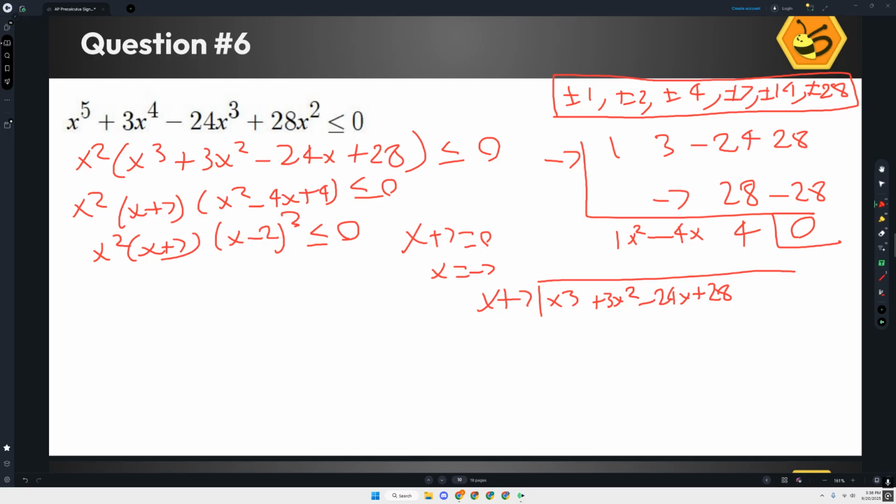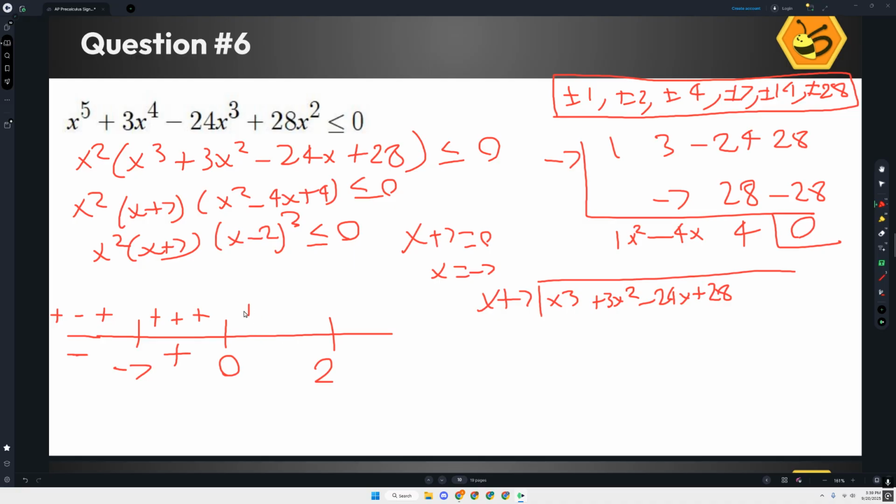So now we're going to do our sign chart. Other ones you have to tediously do long division, yeah. We're going to have 0, 2, and -7. So I'm going to plug in -8. If we do -8, we will get positive, negative, positive, which would mean a negative number. Then we can test -1, so that would be positive, positive, positive.